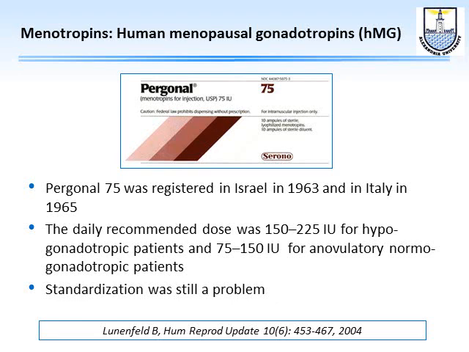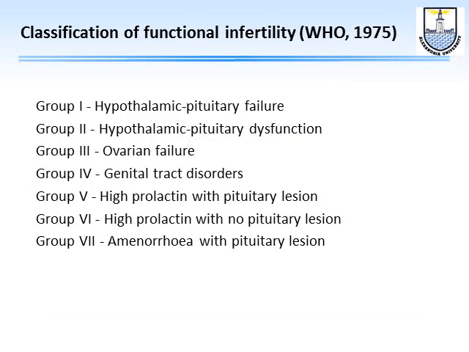They have no activity in the hypothalamus pituitary, those we would call today WHO group 1, and 75 to 150 for anovulative women who are normal gonadotrophic patients, those we would call today WHO 2, including, of course, the PCO patients. But standardization was still a problem, as we will say later.